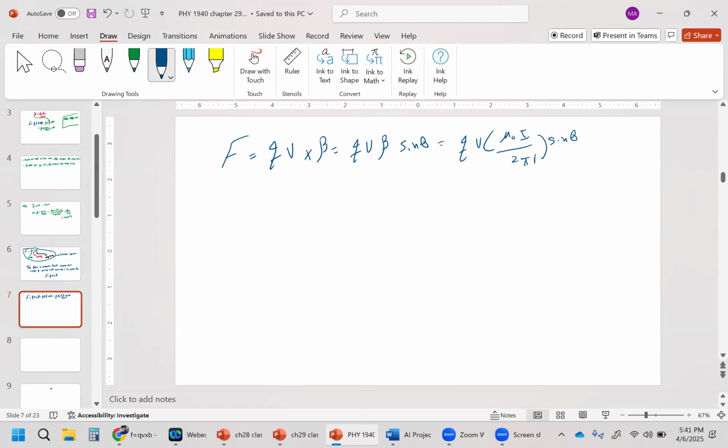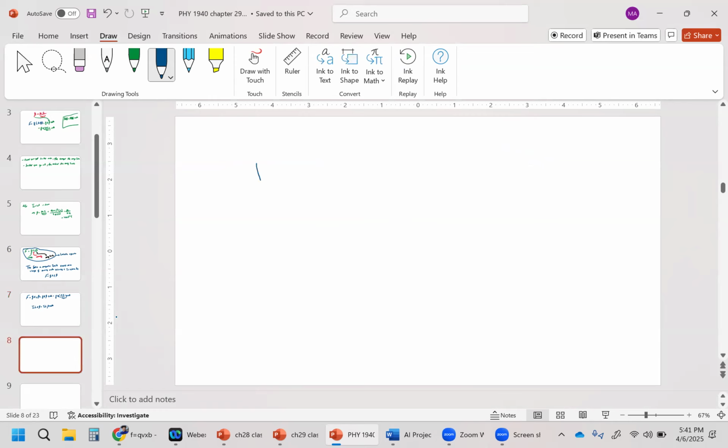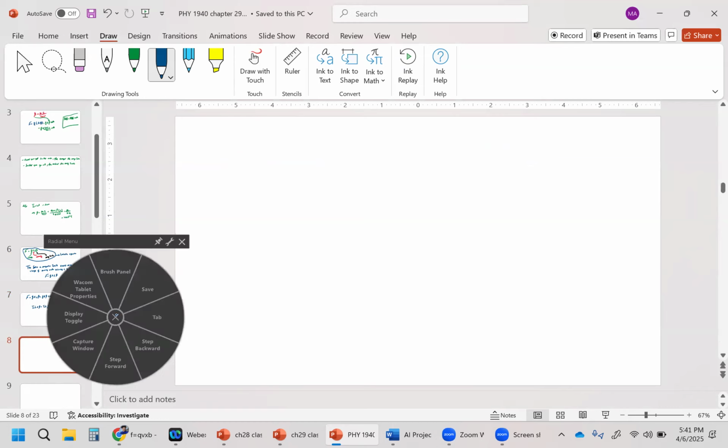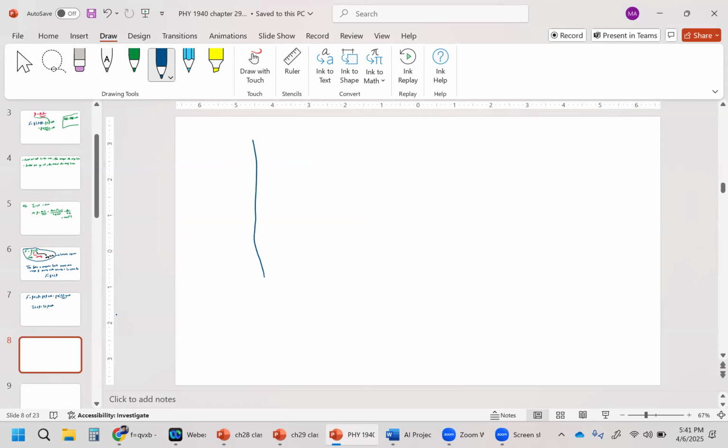Now, when we have the same thing, IL cross B, it'd be ILB sine theta. So let's say in this case we have two wires. So here's our first wire. There's our second wire over here.